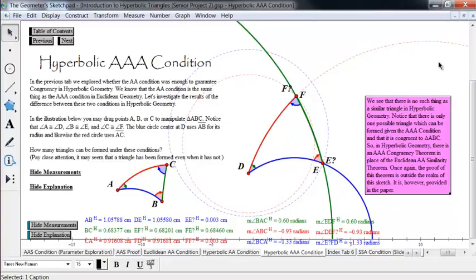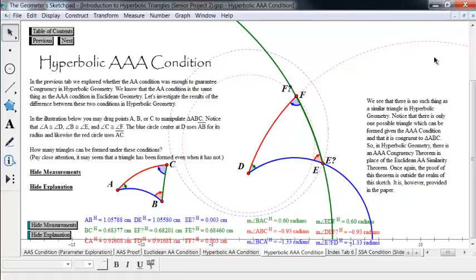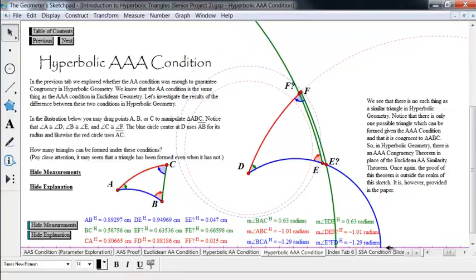It turns out that in spherical geometry as well, locking down the three angles is enough to guarantee congruence of triangles as well. So we may come back and prove this later for these, or we may not. I'll think about that a little bit later. But we have some very interesting results going on there.